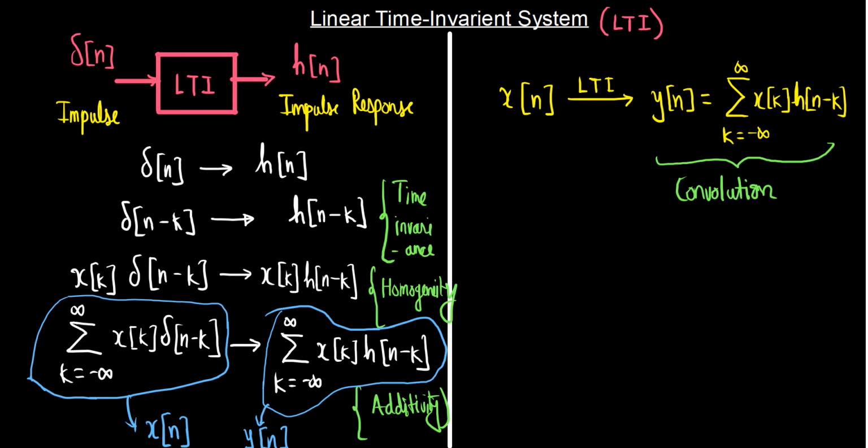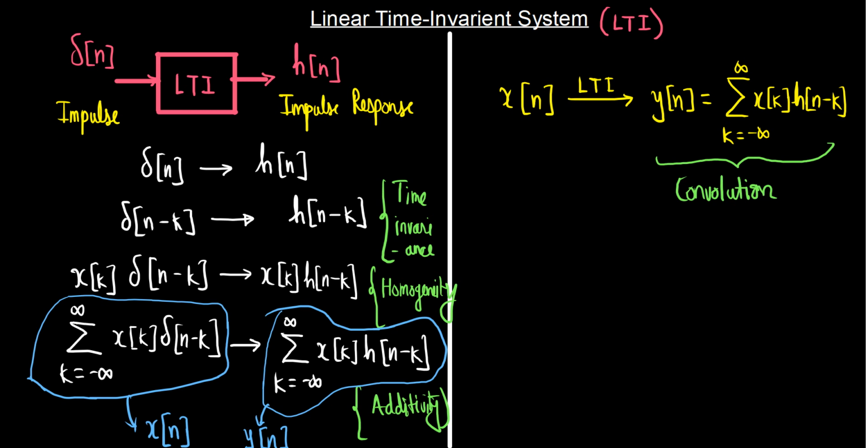So it's only the impulse response that matters. If we know the impulse response, that's all. You give any input, you can get the output if you know the impulse response of that system. Very important observation that we are making here. And how do we obtain that output? We obtain that output by this formula that is called a convolution sum.